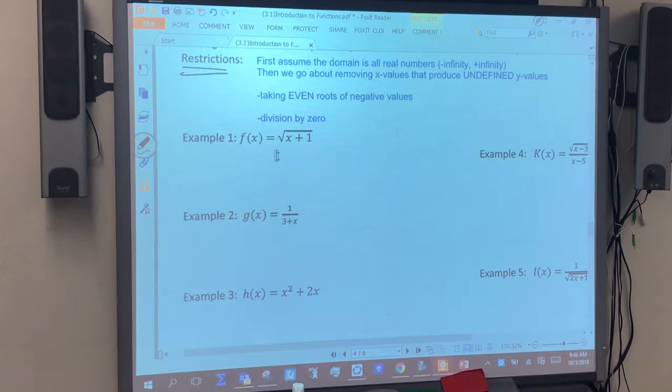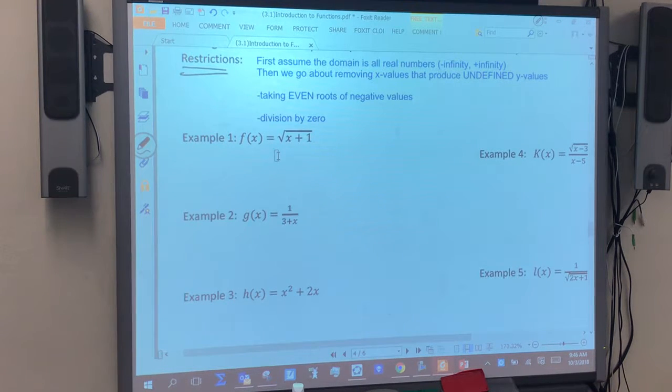Okay? Those are the two things right now that we're going to look at every single time at every function we come across to see if they provide us issues with our domain. Okay? And we should then be able to set up our domain as an interval without having to look at a graph. Okay?